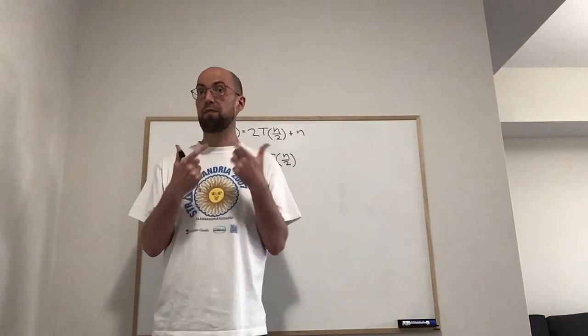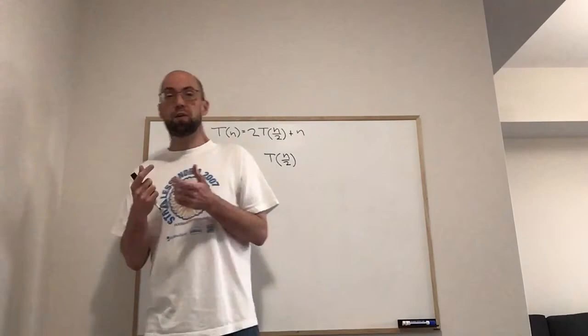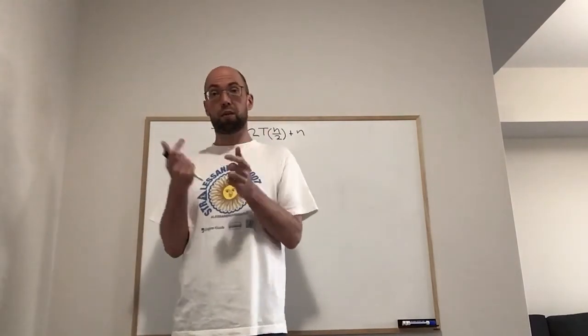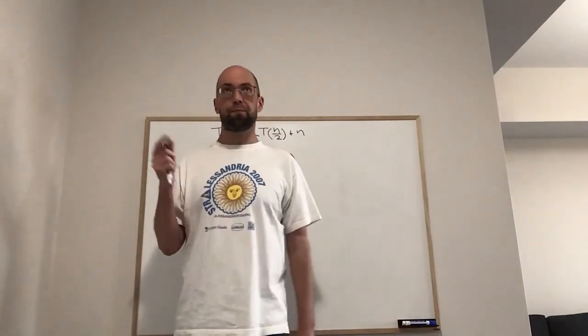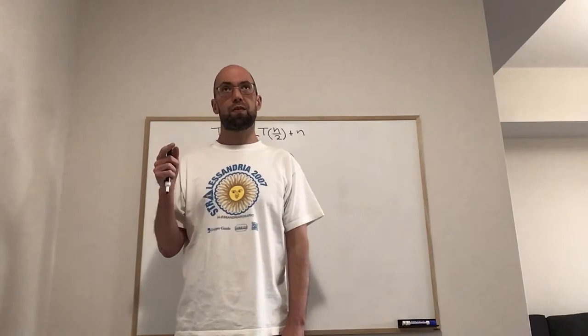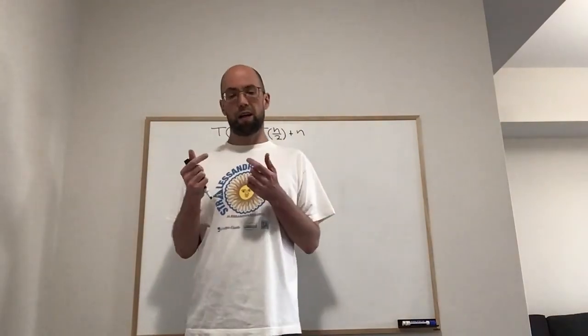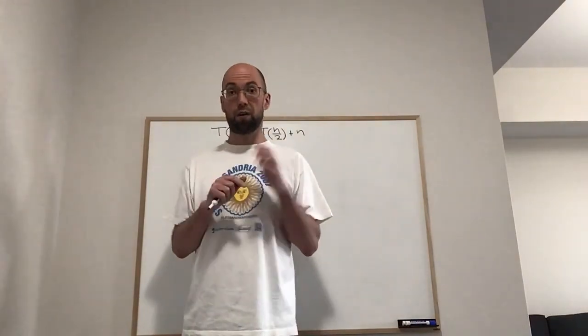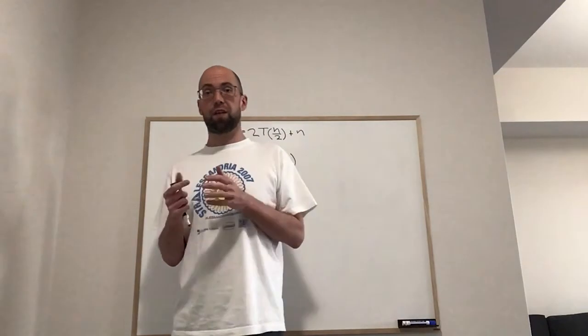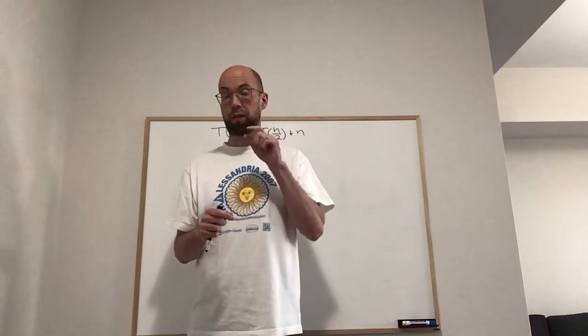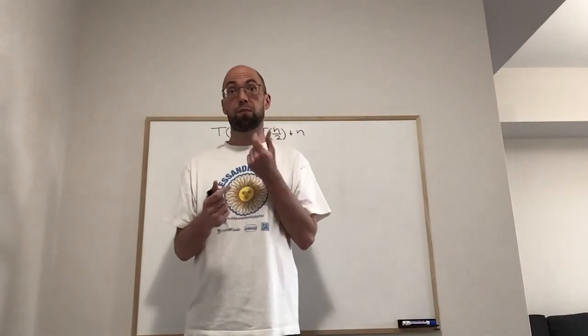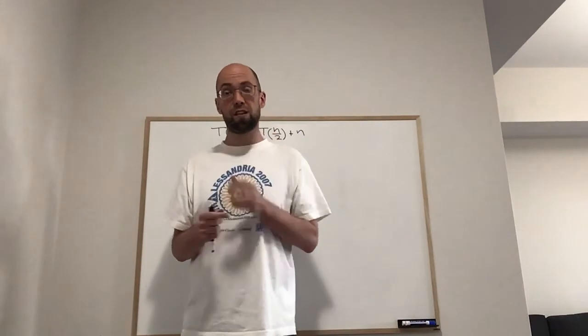Then we do x1 times y1 is z1, and x0 times y0 is z0, so that's 2 multiplications of n over 2 digit numbers.